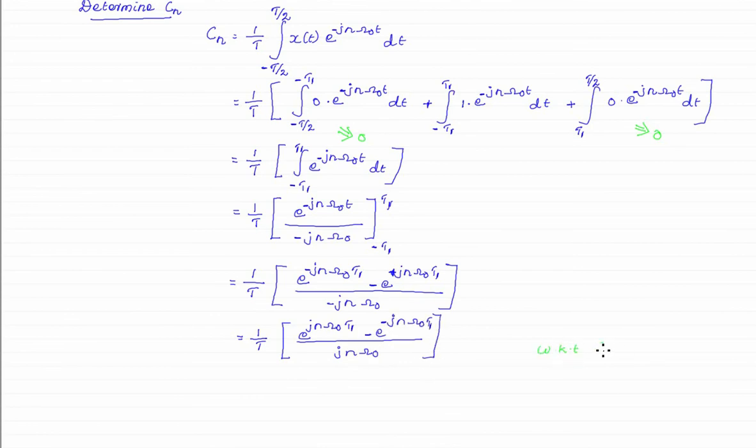We know that sin theta is represented as e power j theta minus e power minus j theta by 2j. Inside the bracket we are having e power jn omega naught t1 minus e power minus jn omega naught t1 divided by j. That can be replaced as 2 into sin n omega naught t1. The remaining denominator terms can be taken outside.